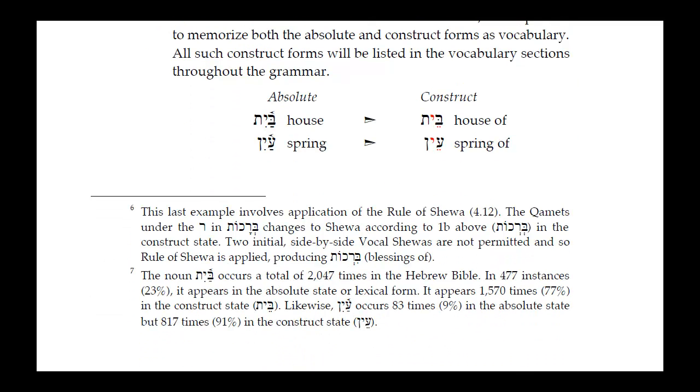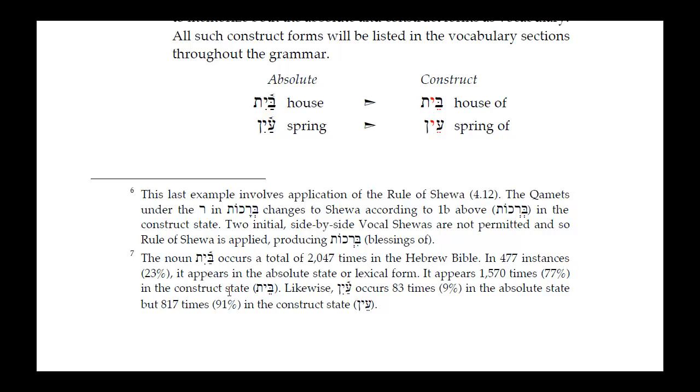As a matter of fact, it gives you some information down here in footnote 7. The noun bayit occurs a total of 2,047 times in the Hebrew Bible, and in 477 instances, which is 23%, it appears in the absolute state. It appears 1,570 times, which is 77%, in the construct state.